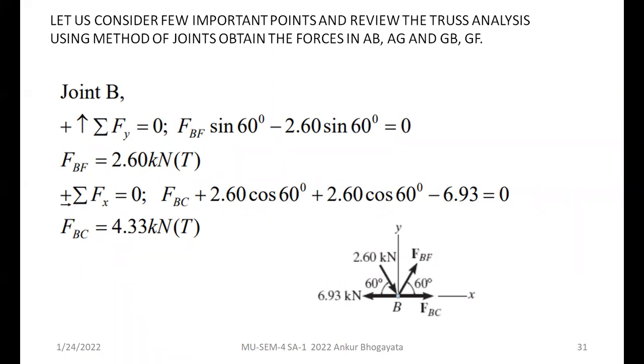All the other forces are very well calculated, and we all know that the truss is symmetrical. So you can simply write down that the truss is symmetrical about the y-axis, and that's why all the member forces will be identical, including their nature, right? The only thing is you should not forget that bottom members should be in tension ideally.